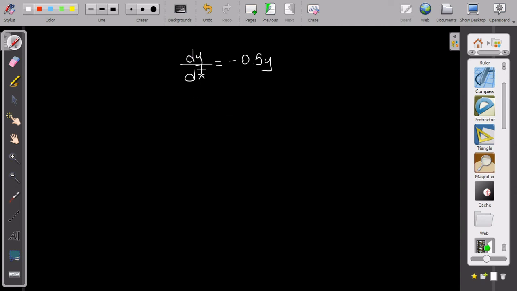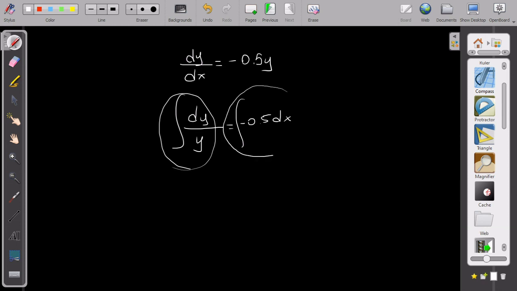Now here, I can move my differential of x on the other side, so make it dy over y equals minus 0.5 dx, and then integrate both parts. It's the same procedure, but the important thing is to have together the y's, and the x and all the others on the other side of the equation.